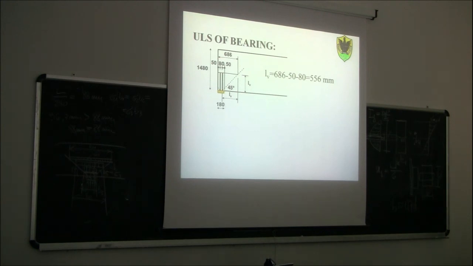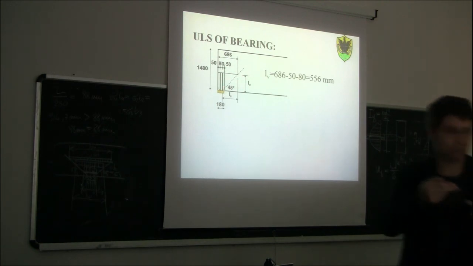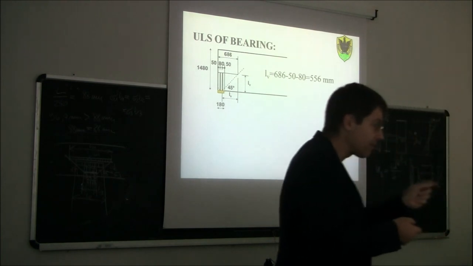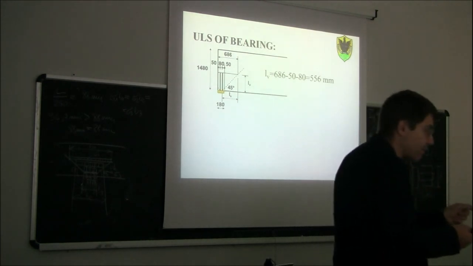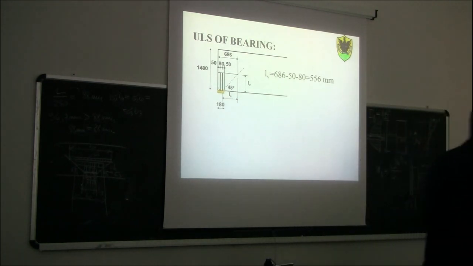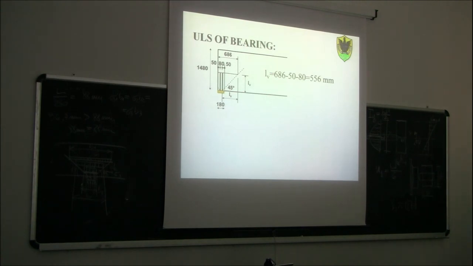Perpendicular to the grain, this wood is quite weak and soft, and it acts like horizontal springs. But those springs are very soft, because the Young's modulus of wood perpendicular to the grain, I remind you, is very low. So it provides some restraint against flexural buckling of the screw.